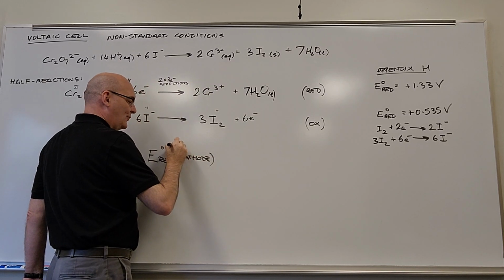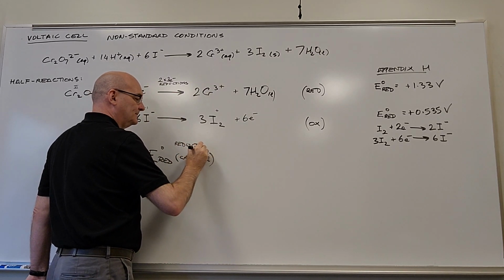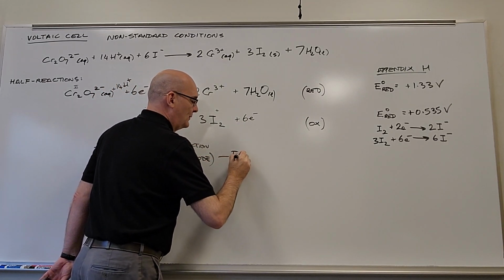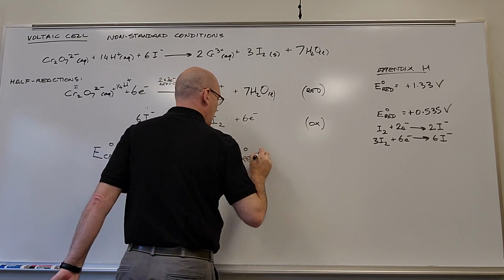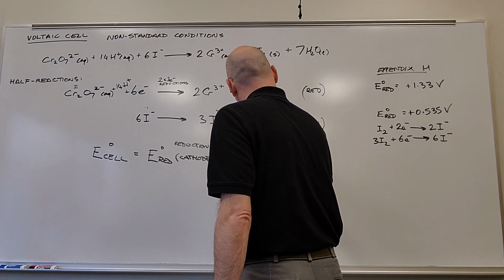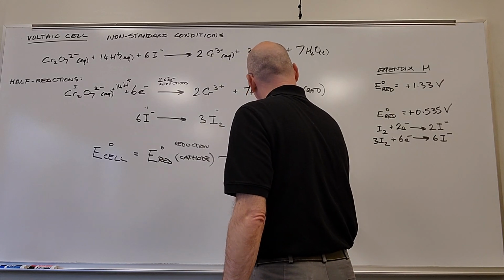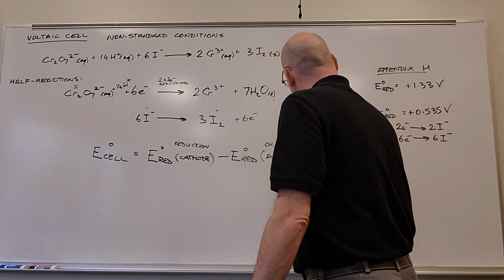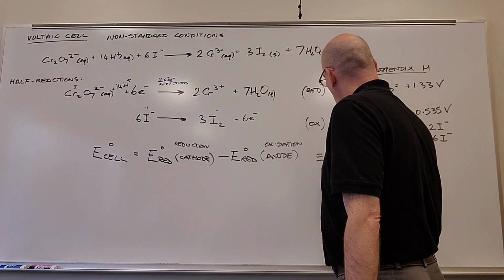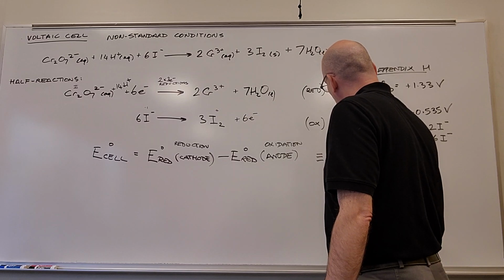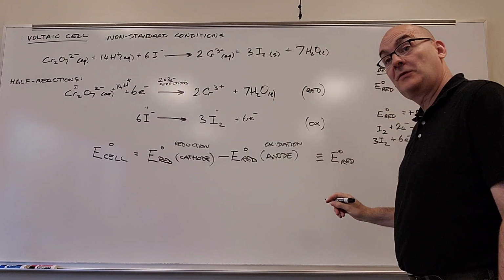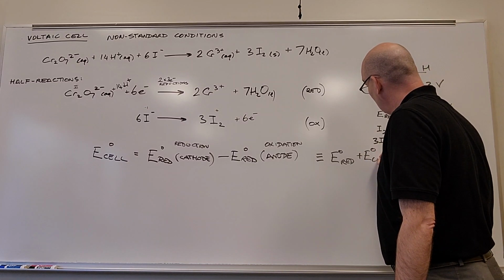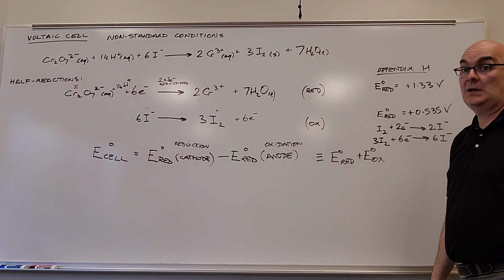So this is the actual reduction. And then we're going to subtract from that the reduction potential that we find for the anode, where the oxidation happens. Okay? This is the same as saying it's the reduction potential of the thing being reduced plus the oxidation potential of the thing being oxidized.